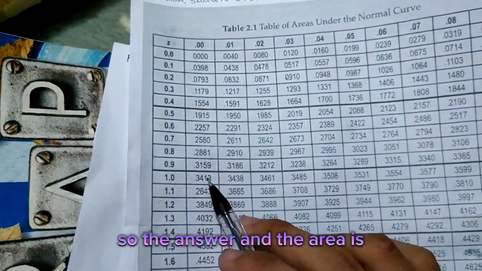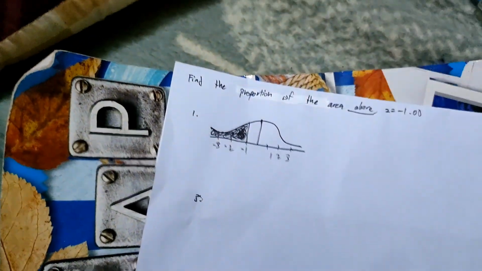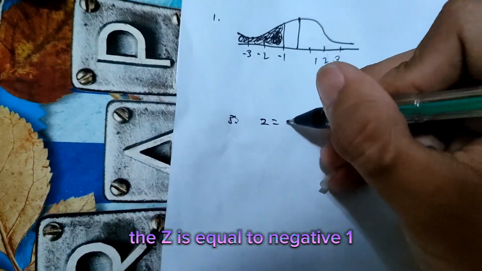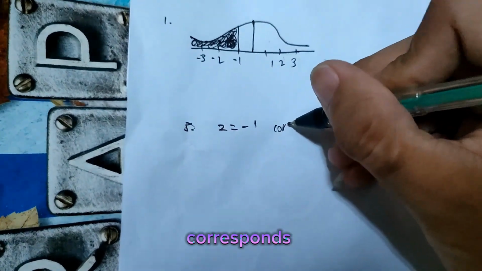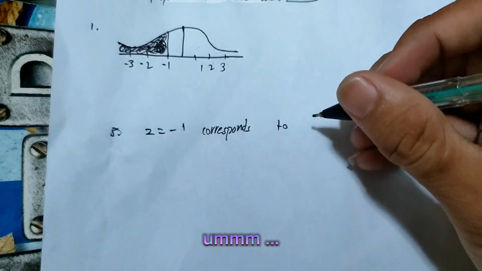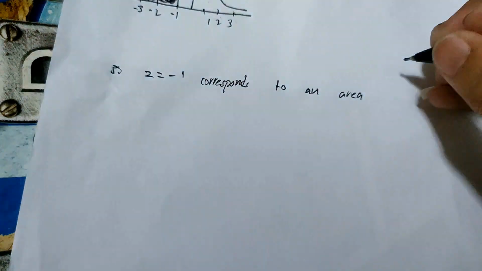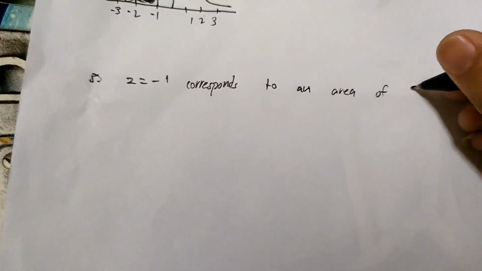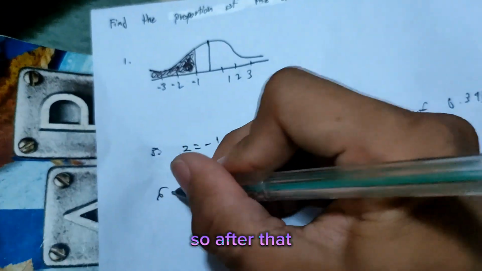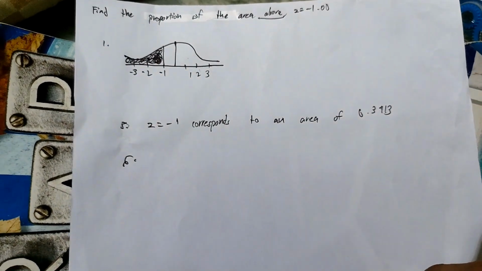So the area is 0.3413. So Z equals -1 corresponds to an area of 0.3413.